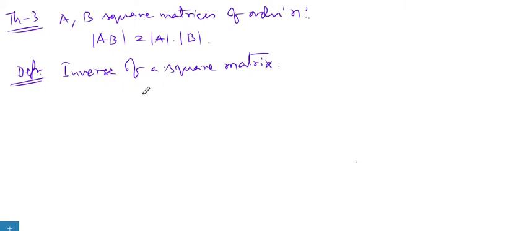For any square matrix A, if there exists another square matrix B such that AB equal to BA equal to I, then this B is called the inverse of A and is written like this, A inverse. This is read as A inverse.